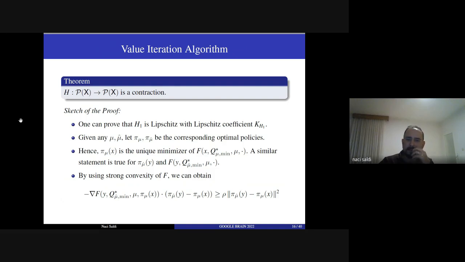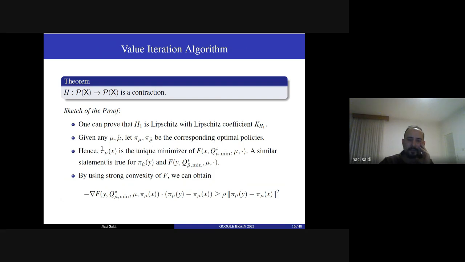First of all, using classical techniques, we can easily prove that H1 is Lipschitz continuous with Lipschitz coefficient KH1. This part is not difficult, but the second part is the important part here. Given any mu and mu hat, pi mu and pi mu hat are the corresponding optimal policies.